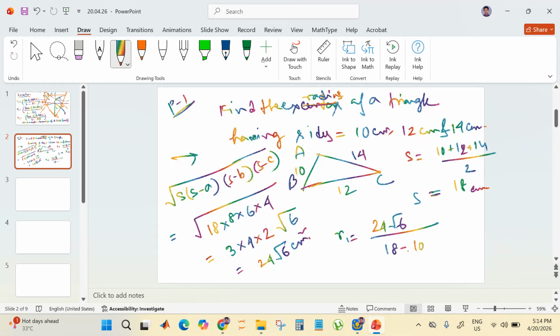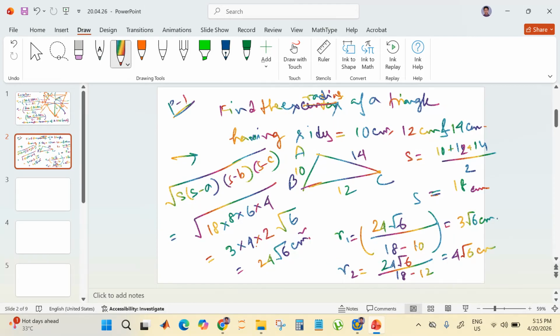A will be 10. So 18 minus 10, that is 8. 8 into 3, 3 root 6 will be the first radius, and second one will be 24 root 6 divided by 18 minus 12, that is 6, that is 4 root 6 centimeter.